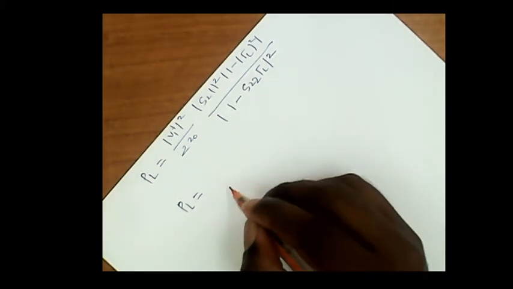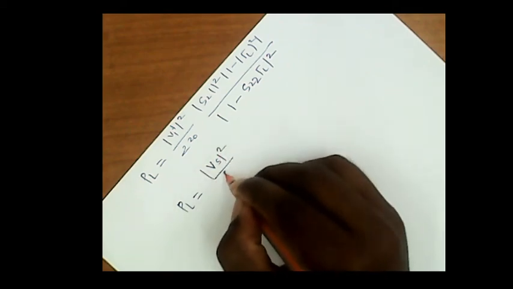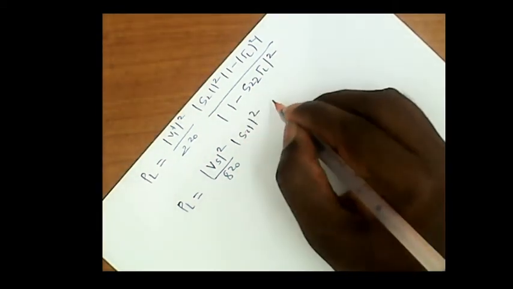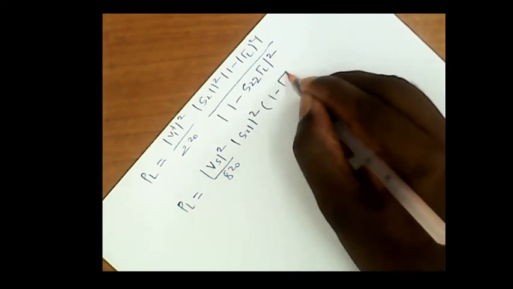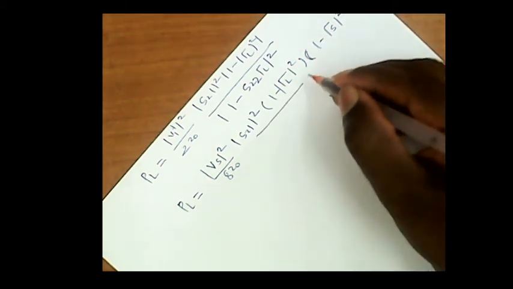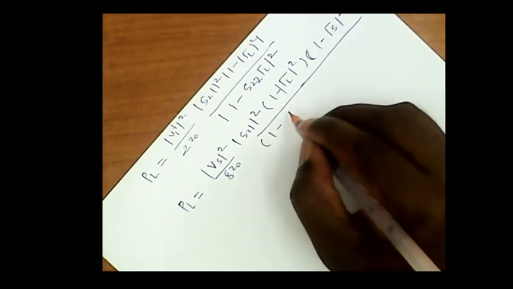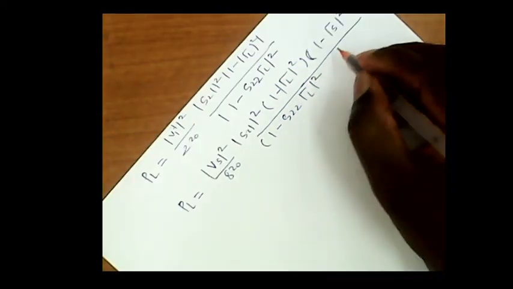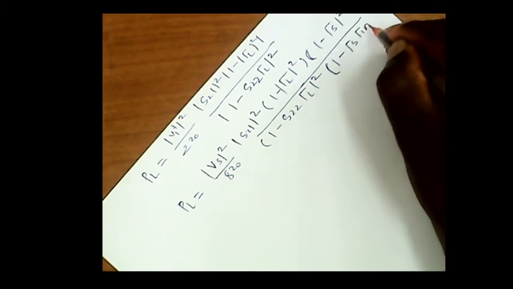So the power delivered to the load, or dissipated in the load, is Vs square over 8Z0, times S21 square, times 1 minus gamma L square, times 1 minus gamma S square, divided by the bracket square of 1 minus S22 gamma L, times the square of 1 minus gamma S into gamma in. So this is equation number 7.